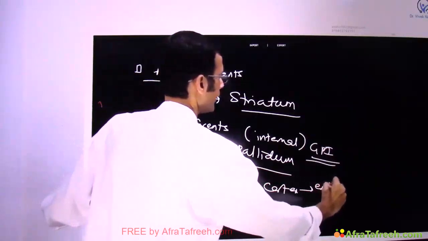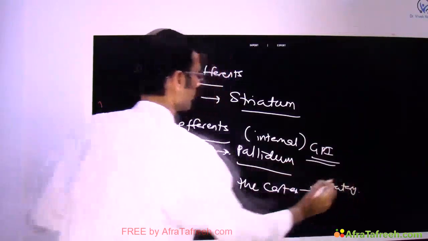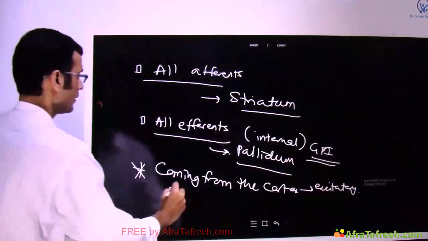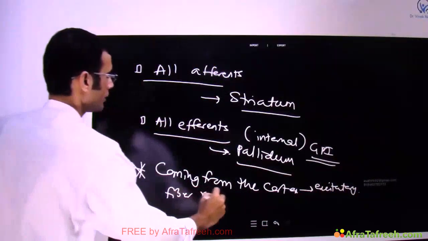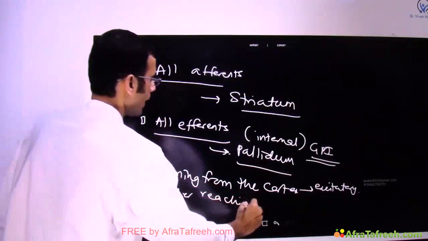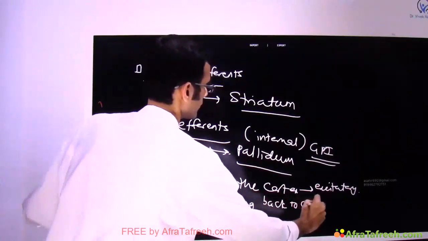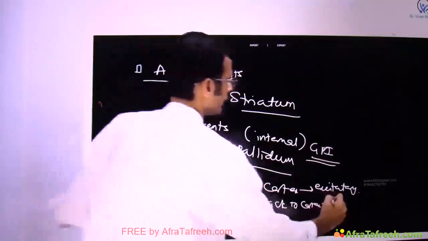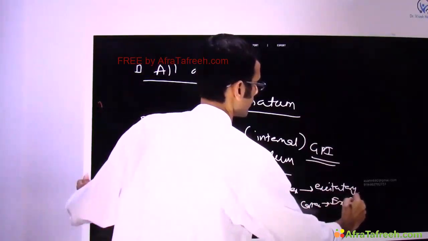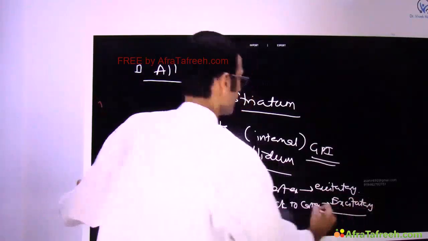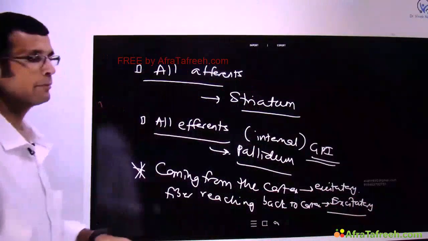is excitatory, and fiber going back to the cortex, reaching back to cortex, is excitatory. All the other fibers are inhibitory.